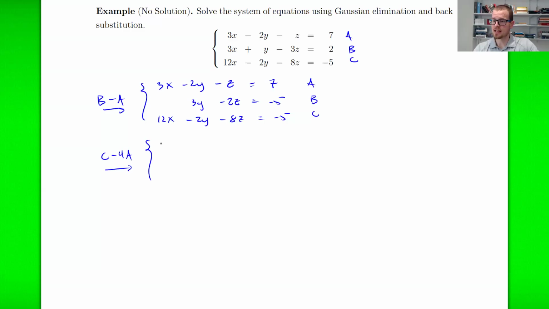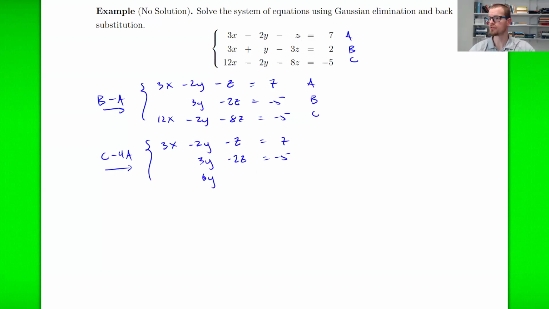Equations A and B stay the same as 3x minus 2y minus z is equal to 7 and 3y minus 2z is equal to negative 5. C is the equation that I am manipulating. This minus 4 of those eliminates the x's. Yay! This minus 4 of those is negative 2 plus 8, giving us 6y.